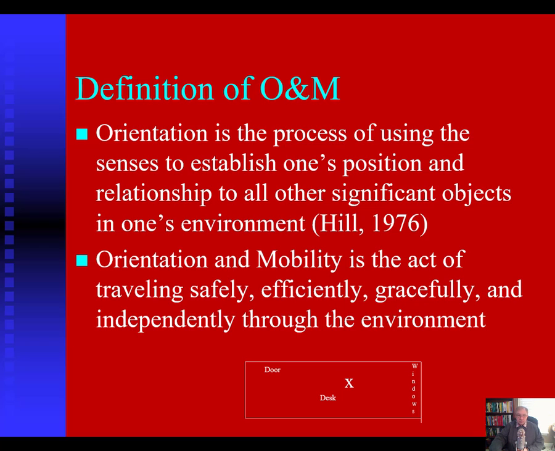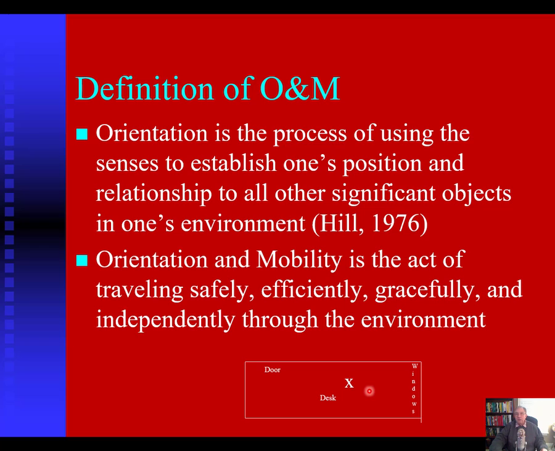But let me take a laser pointer. Let's take a look at this. If this is a room, and in this room we have a door, we have a desk, and we have windows. And the individual is standing where the X is and facing towards the wall where the door is located.